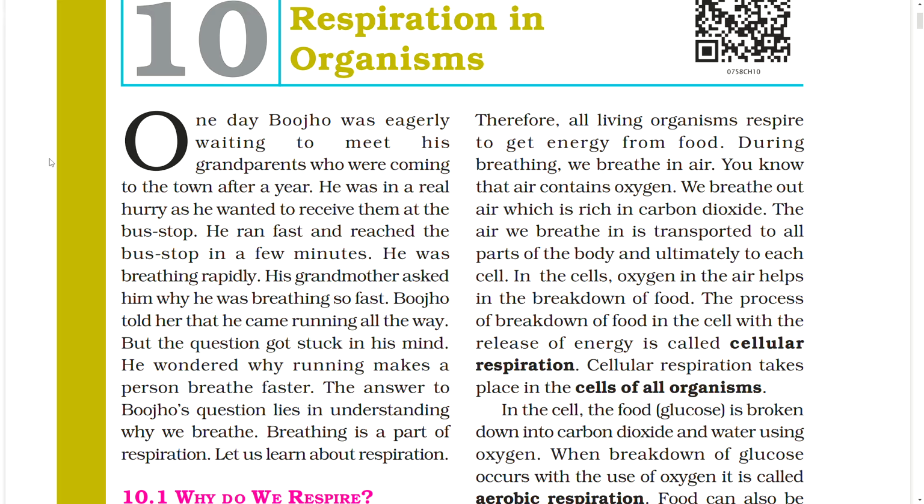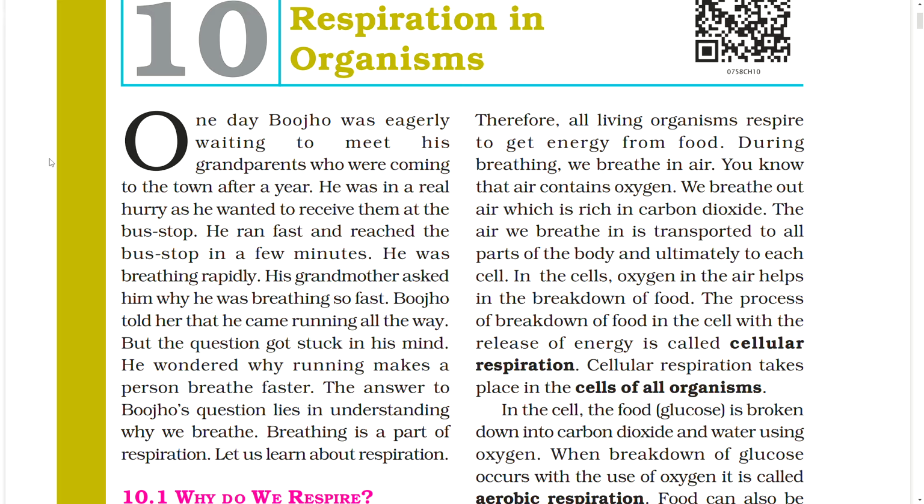The air we breathe in is transported to all parts of the body and ultimately to each cell. Oxygen in the air helps in the breakdown of food. The process of breakdown of food in the cell with the release of energy is called cellular respiration.